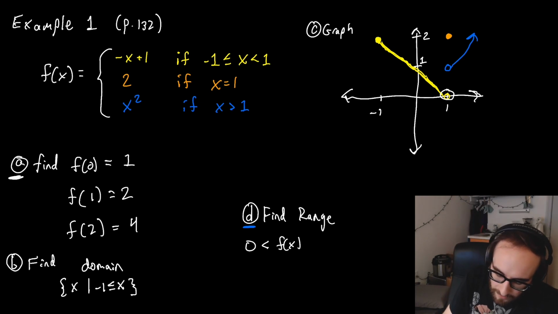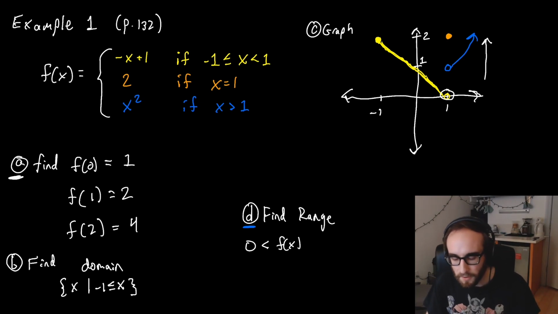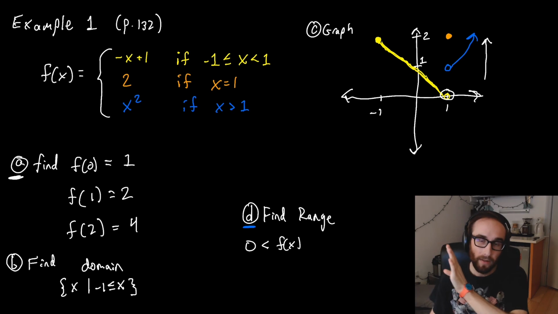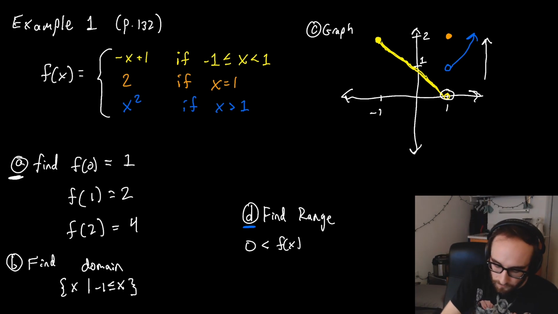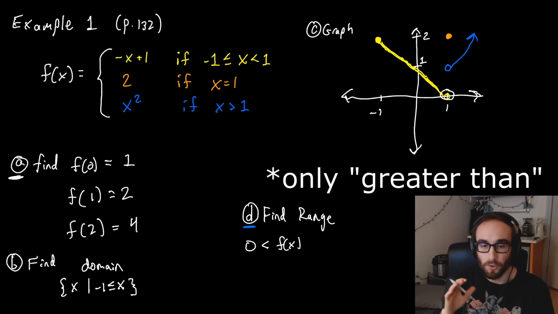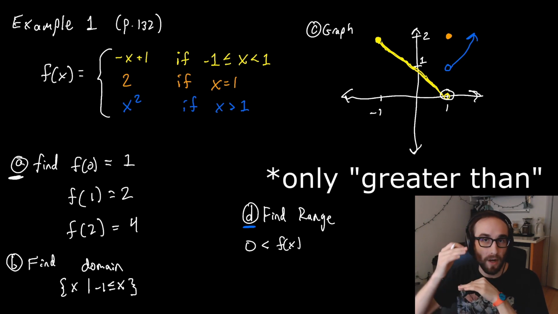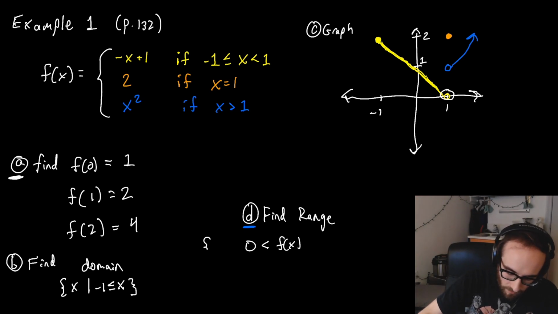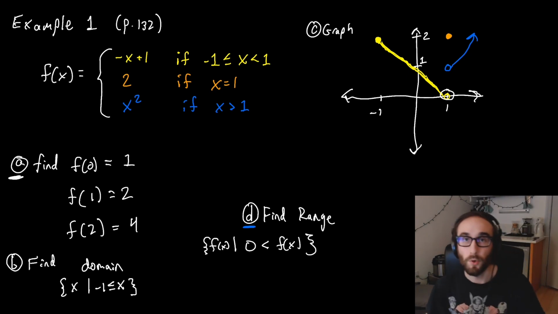And then anything greater than 0, we actually reach all of these positive values because to the right, our parabola keeps going up and up and up into infinity. So that means f of x is greater than 0, and then there's no restriction on the top of f of x. So our range is f of x such that f of x is greater than 0.